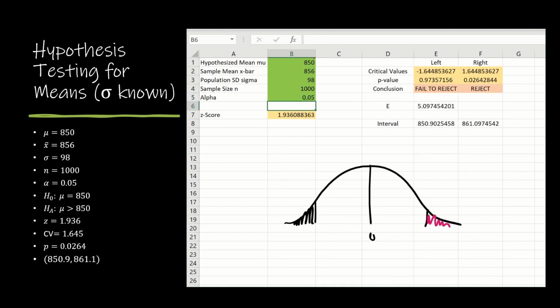And again, this was a right-tailed test, so I'm only worrying about this column right now. And what we find is a z-score of 1.936, which matches what we found previously, a positive 1.645 for my critical value, a p-value of 0.0264, and supports our decision to reject the null. And then of course we have our interval, which matches the interval that we found previously.